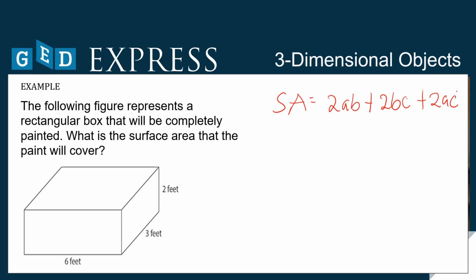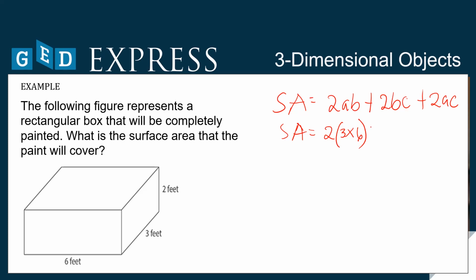Now, the largest faces are the 6 feet by 3 feet rectangles that make up the base and the top of the figure. So we have SA is equal to 2 times 3 times 6.